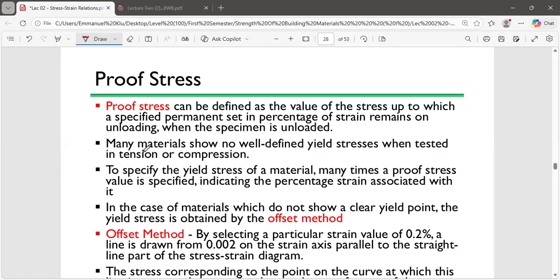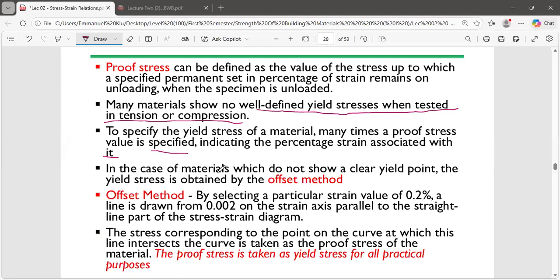Many materials show no well-defined yield stresses when tested in tension or compression. Listen. To specify the yield stress of a material, many times a proof stress value is specified, indicating the percentage strain associated with it. You have to know.